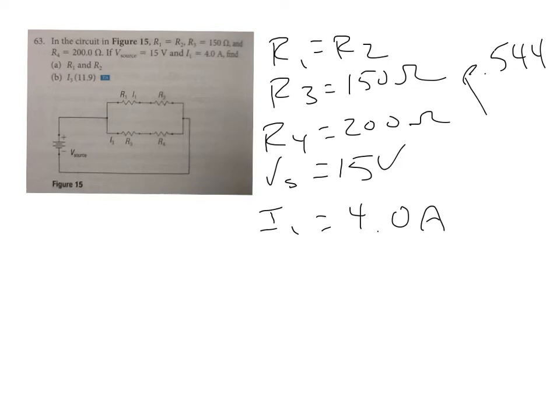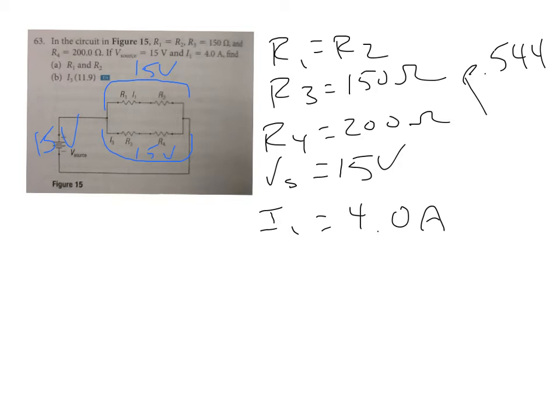I know that the source of the battery is 15 volts. I also know that each parallel loop receives 15 volts, and if I add those up, they cancel each other out, so you get 0 volts in the loop. So this is going to be 15 volts through this top branch, 15 volts through this bottom branch.